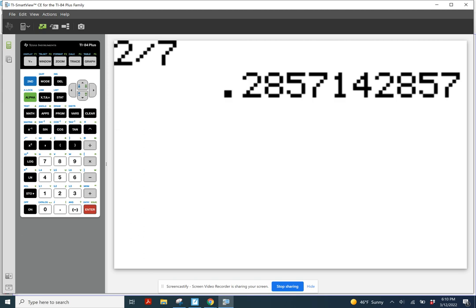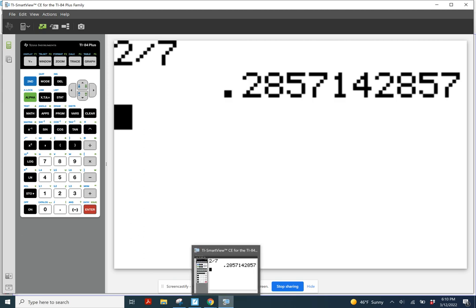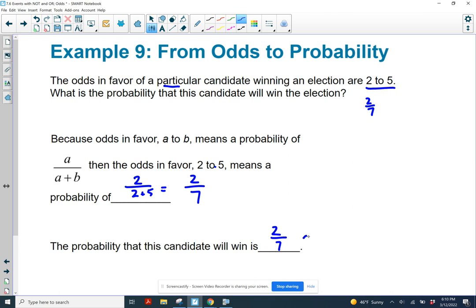We get 0.286 when we round it to 3 decimal places. So that's approximately 0.286, or 28.6% chance of winning. And that is the end of our video for 7-6.